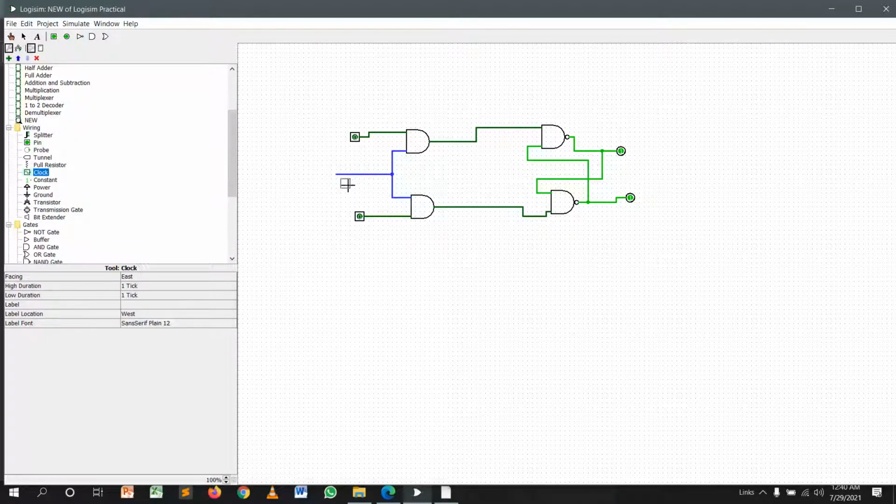This is the clock signal. You can see those things. Then clock signal, and this is the circuit of the SR flip-flop.